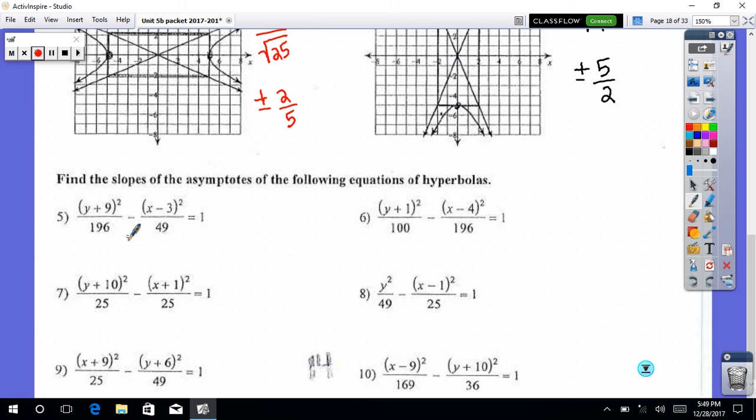And the last one's real quick. Square root of 196. I know what the square root of 196 is. 14.